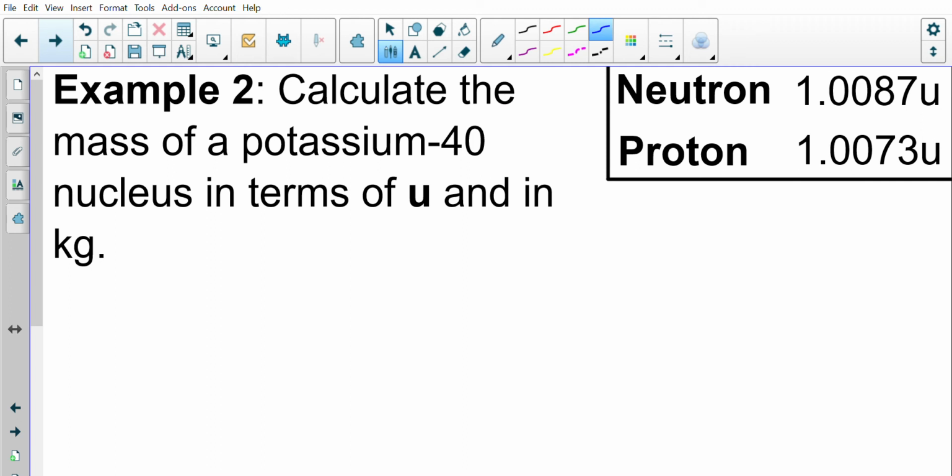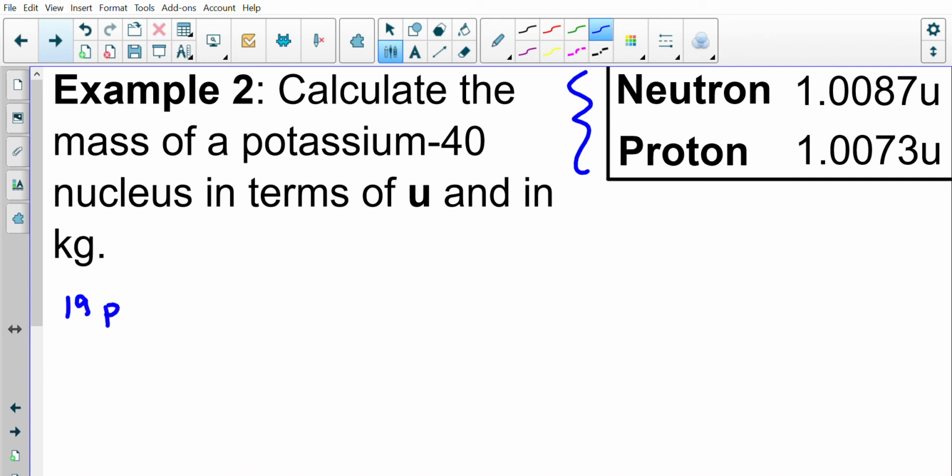Okay, so now we're going to do example 2, and example 2 says, calculate the mass of a potassium 40 nucleus in terms of U and in kilograms. You'll notice they're giving us the masses that we need as part of the question, so let's go ahead and do this one. To begin with, we look up potassium 40 on the periodic table, and I see that for potassium, the atomic number is 19.